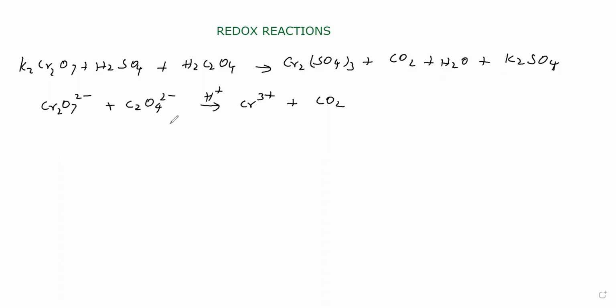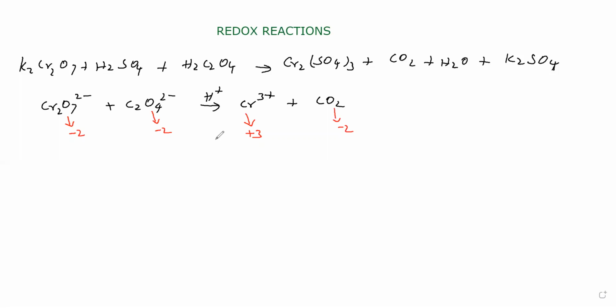Next step, write the oxidation numbers of each atom. Oxygen is -2. This chromium is carrying a +3 charge.